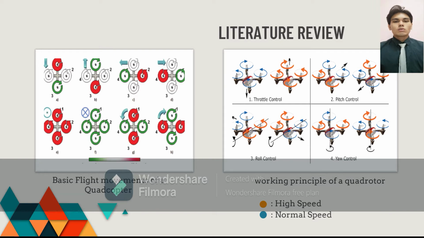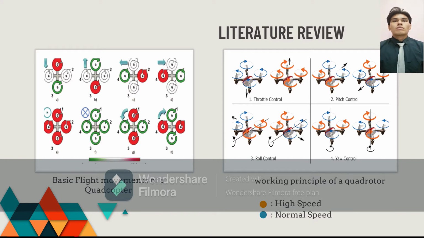All the rotors rotate at the same speed and at a high speed rotation. Another example is figure B. It shows the drone is moving forward. The red colors of the rotors show they spin at a high speed to push the drone forward.